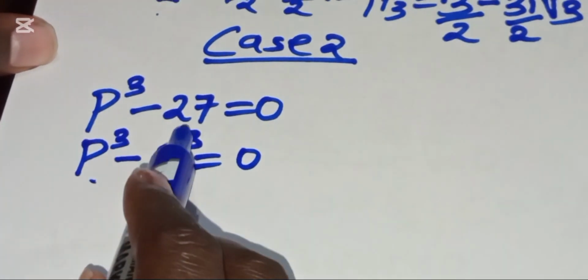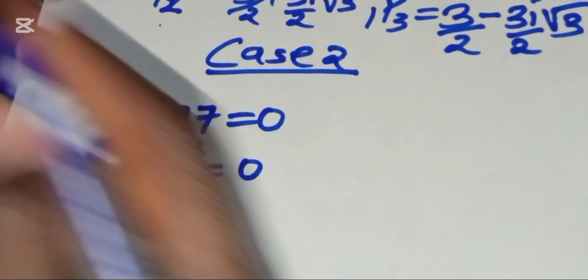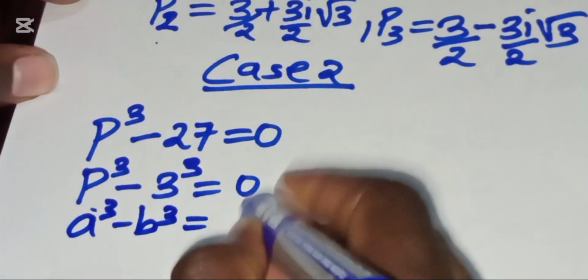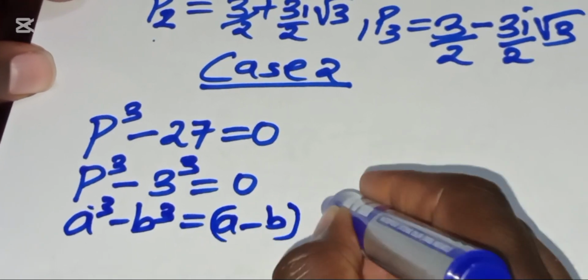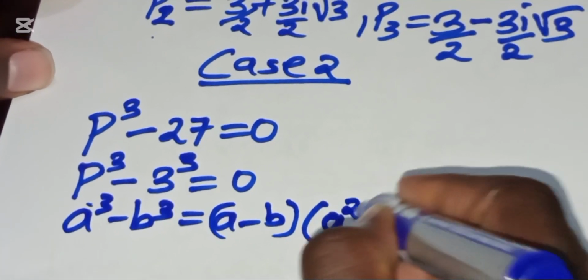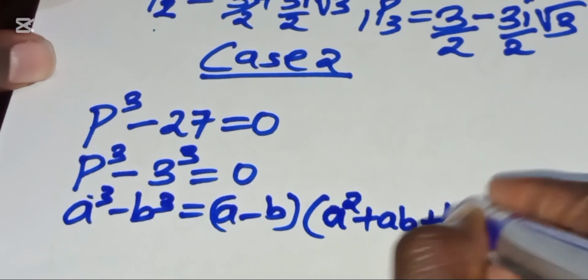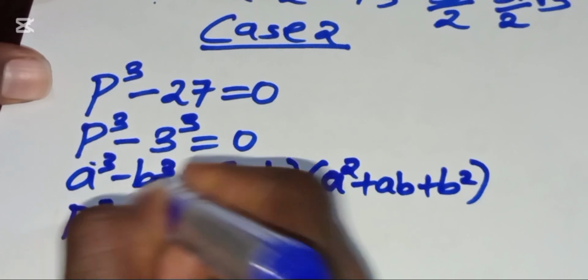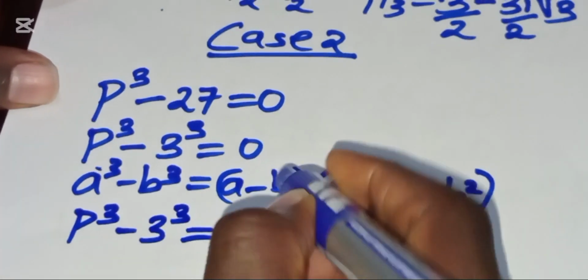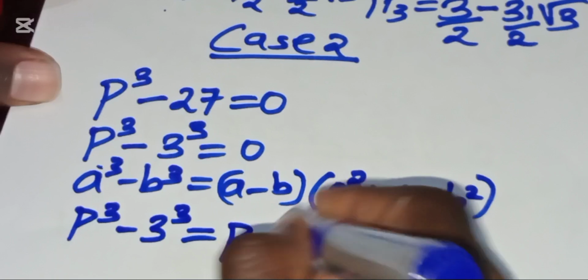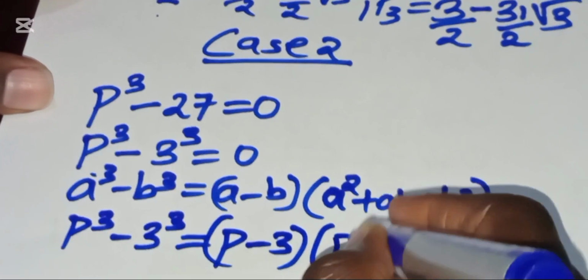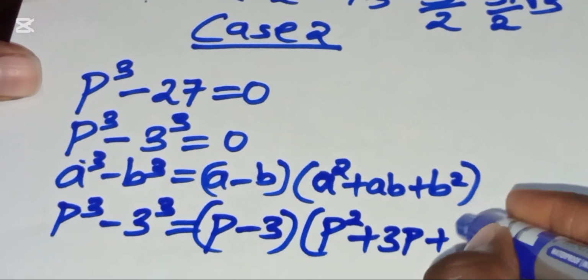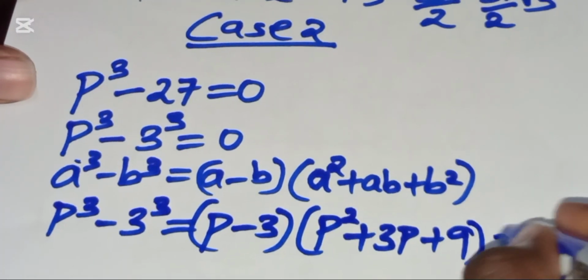Now P cubed minus 3 cubed is actually the difference of two cubes, expressed as A cubed minus B cubed, which is A minus B times A squared plus AB plus B squared. So we're going to have P cubed subtract 3 cubed equal to P subtract 3, times P squared plus 3P plus 9, which is B squared. This is equal to 0.